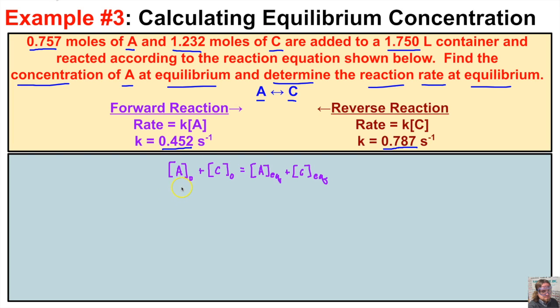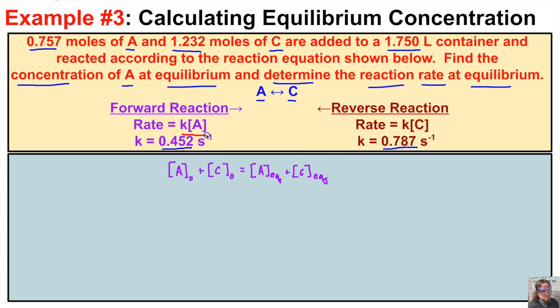Furthermore, we know that at equilibrium, the rate of the forward reaction is going to equal the rate of the reverse reaction. That's what equilibrium means. The forward and reverse rates equal each other.